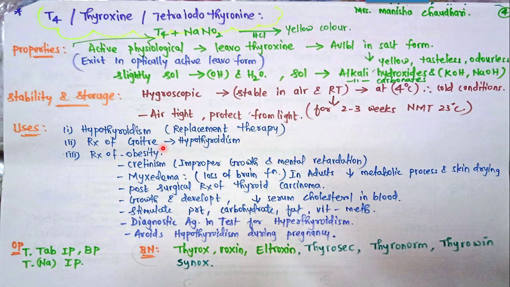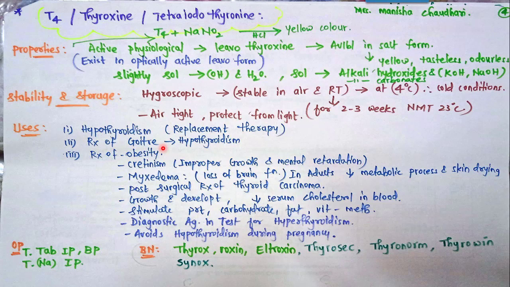Graves is again an autoimmune disorder, Hashimoto's is again an autoimmune disorder. These diseases can lead to a development of goiter, and since iodine is required for the thyroid hormone production, deficiency of iodine can also lead to goiter.